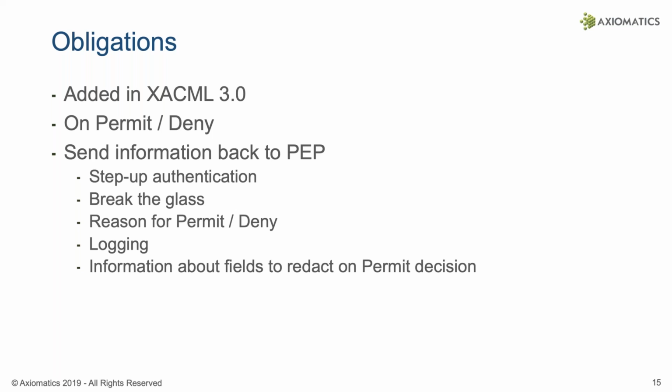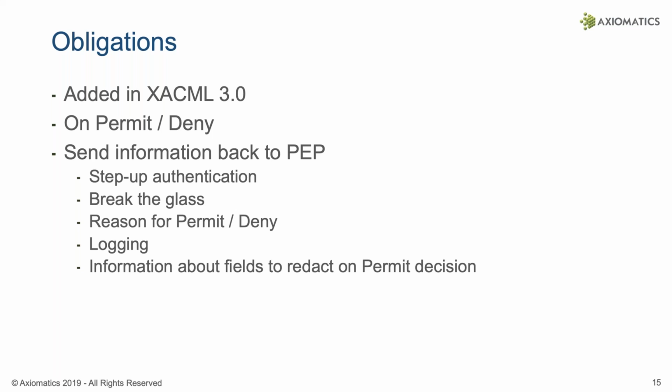So you could technically say that if you get a permit decision to view record 1, 2, 3, we are going to return, with that permit decision, a set of obligations that define what fields to redact based on that permit decision.